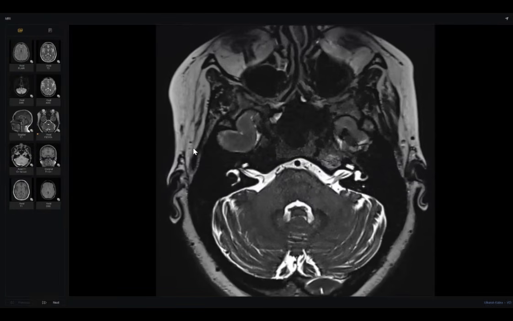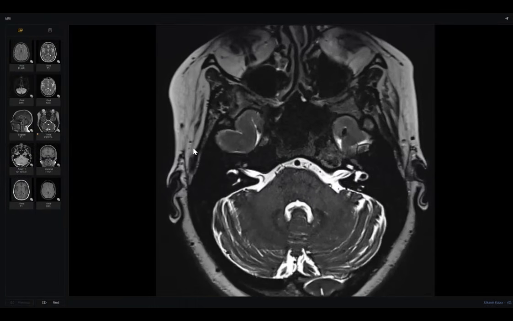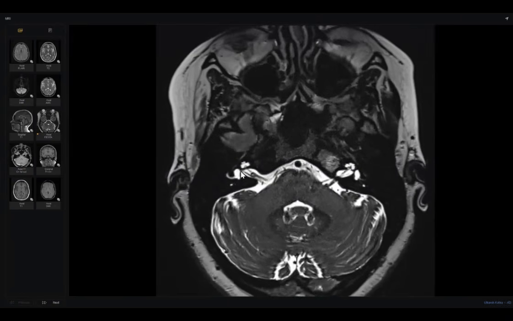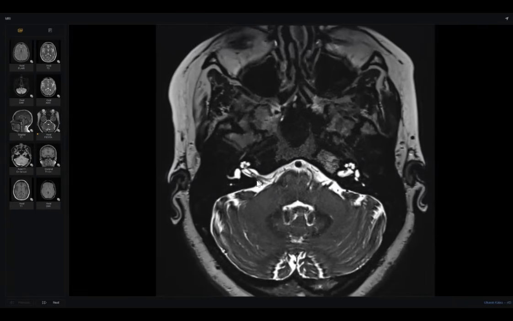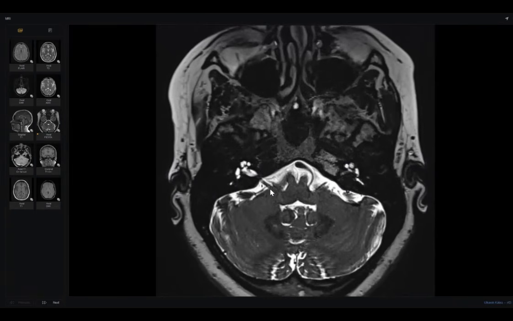Did you find anything? No, I didn't find anything until now. I'm trying to search. When you are stuck in a petrous bone case, practically, which sequence would you use to rule out or prove anything for the facial nerve or cranial nerve number 8?